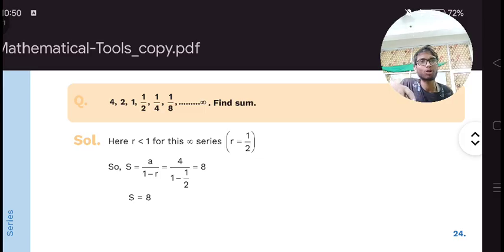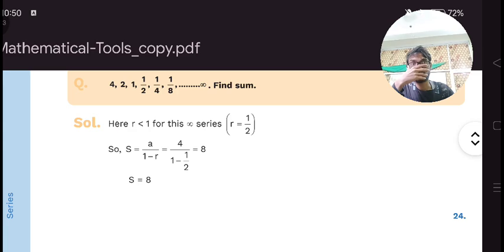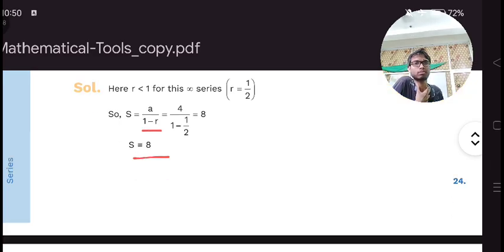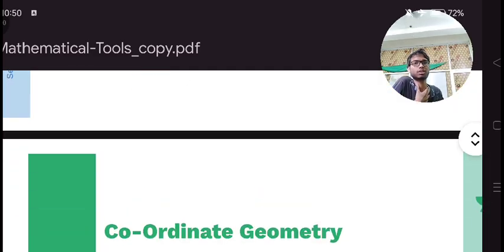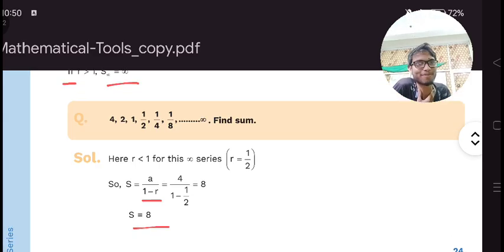After simplifying, S is coming as 8. Yes, it is coming 8 because this series is decreasing.